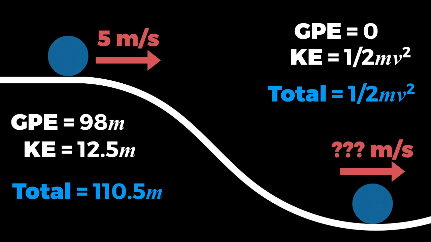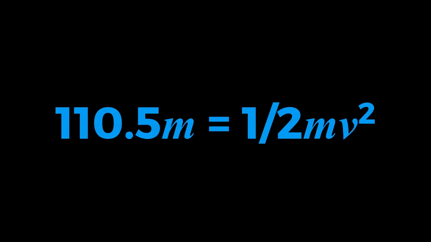Now you might be thinking, well, how are we going to solve for two variables? We don't know the mass, how are we supposed to find the velocity? Well, first of all, let's take a look at our law of conservation of energy. Our total before has to be equal to our total afterward. So let's put these two values together in an equation. 110.5 m is equal to 1/2 mv squared.